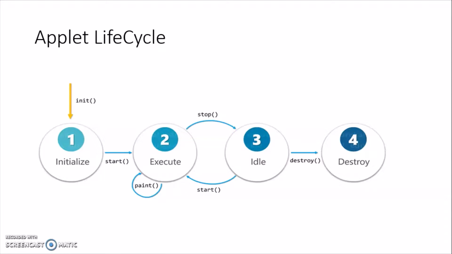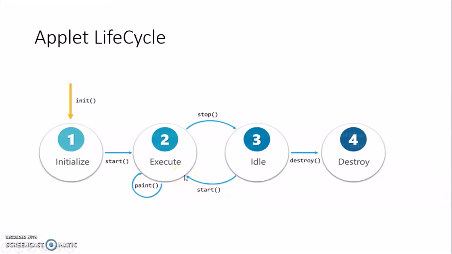Okay. So first, it goes into the init method. Init is used for initialization. And once the start method is called, the paint method also gets executed, and from the paint method the execution starts. If I want to stop my applet for some time, I will call the stop method. And from the stop method, if I want to make my applet resume, I will call the start method again.